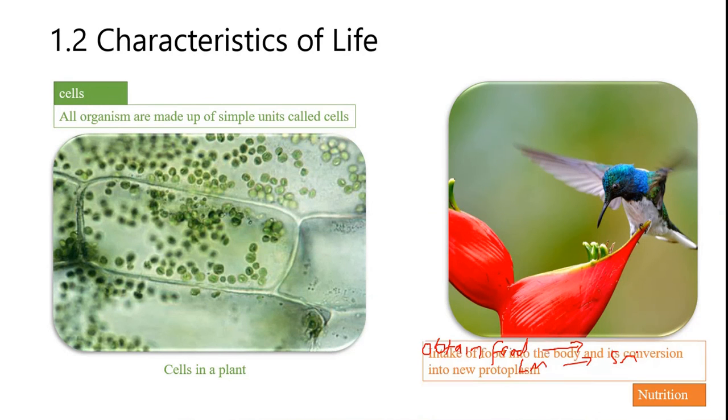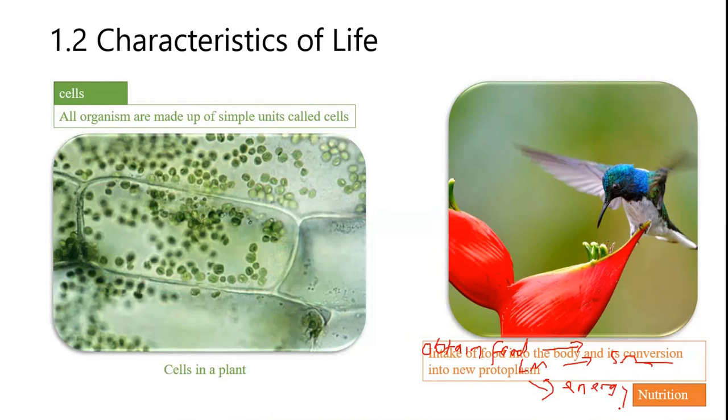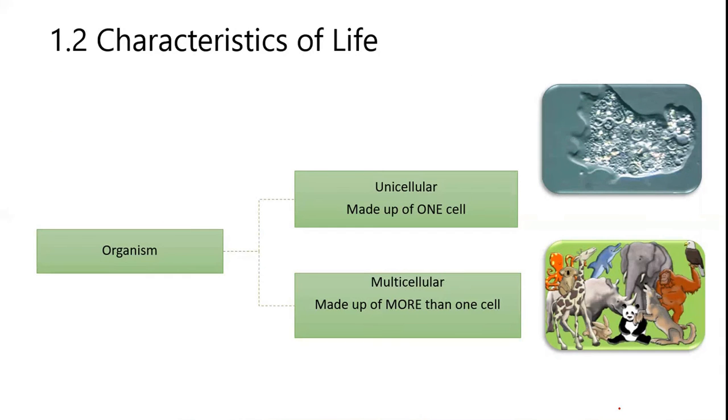This is the characteristic of organisms: they take food into the body and convert it into new protoplasm to produce energy, as the source of life. Now, all organisms are made from cells.